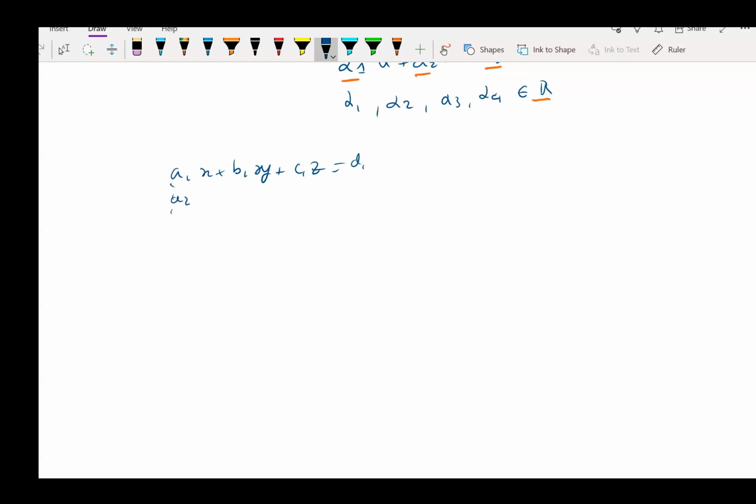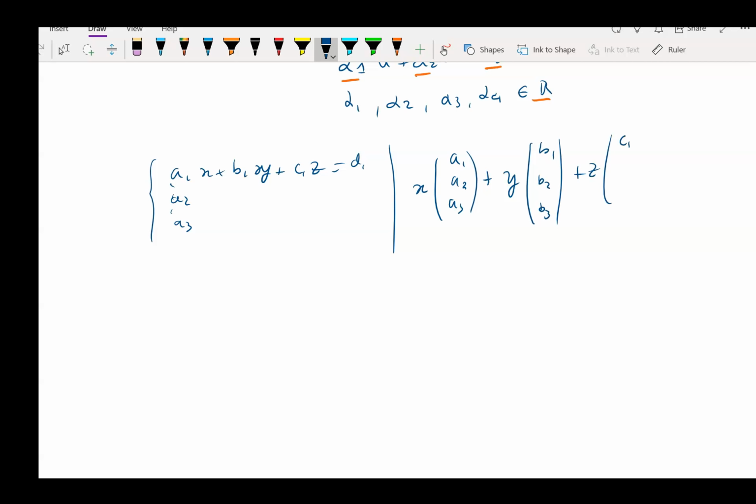So same stuff with a2, a3. The column picture of this system would be, can I find x such that if I multiply it by vector a1, a2, a3, and then add y times b1, b2, b3 plus z times c1, c2, c3, it is equal to d1, d2, d3?